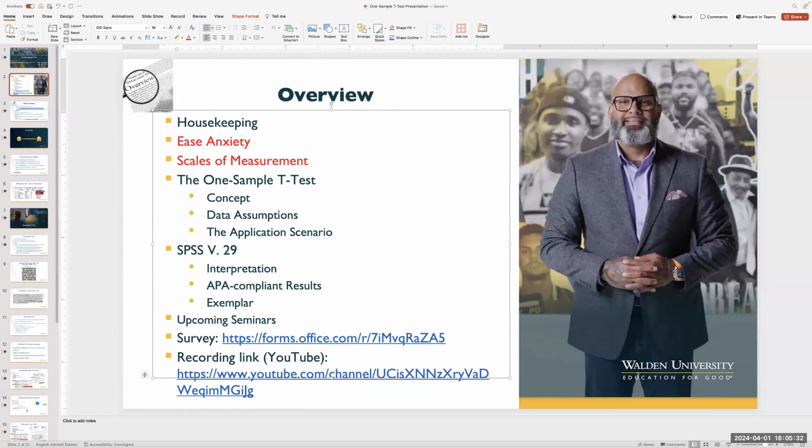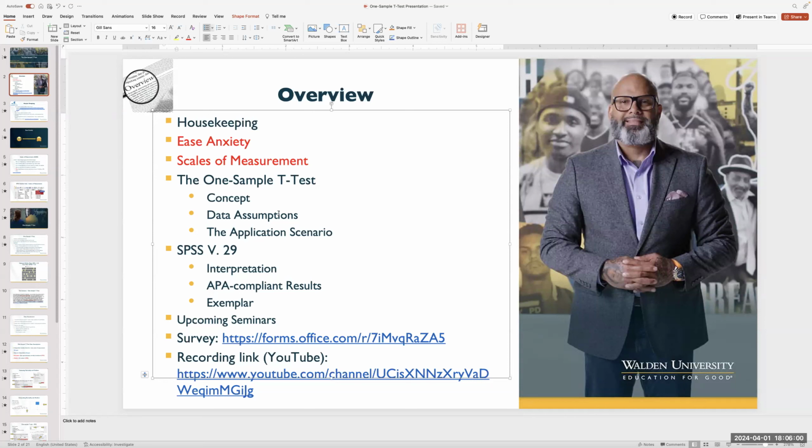And again, this is for those who are enrolled in one of the research courses that align with this, and you have an application for that week that the t-test is going to be discussed. So we'll take a look at that application and hopefully help prepare you for understanding that application when you get to that point. And in doing so, we'll be looking at SPSS version 29.